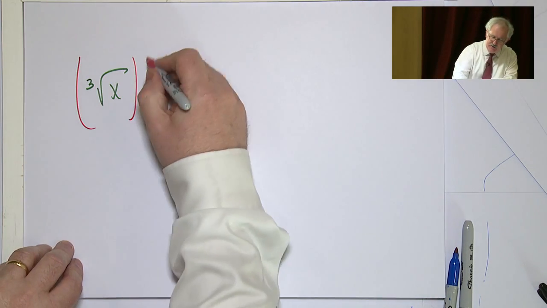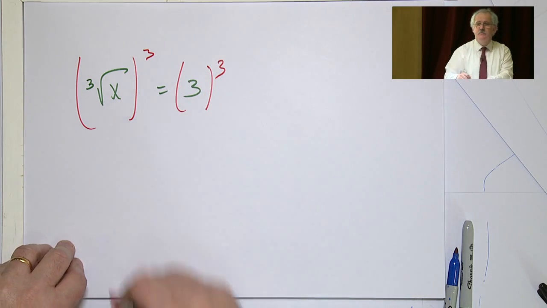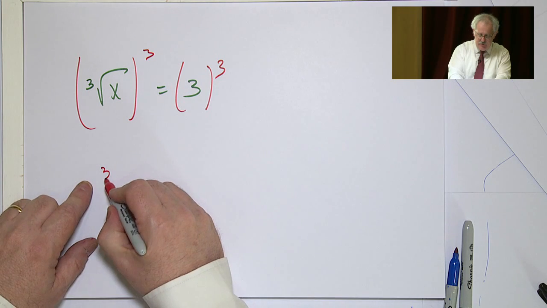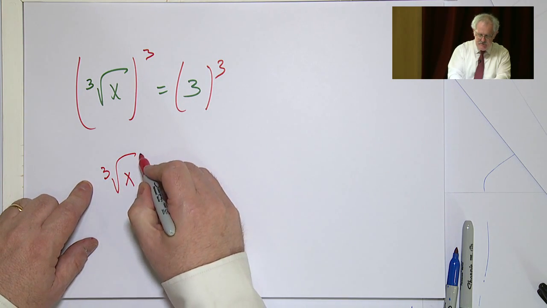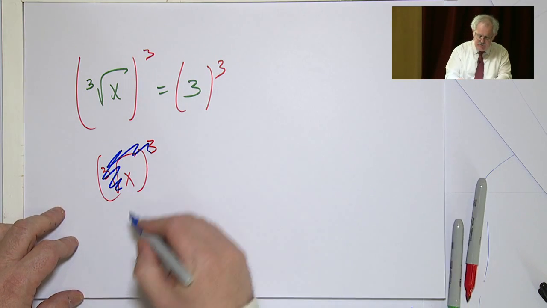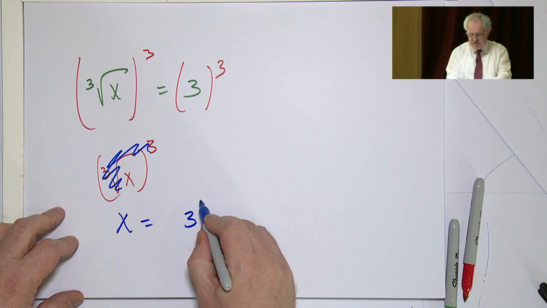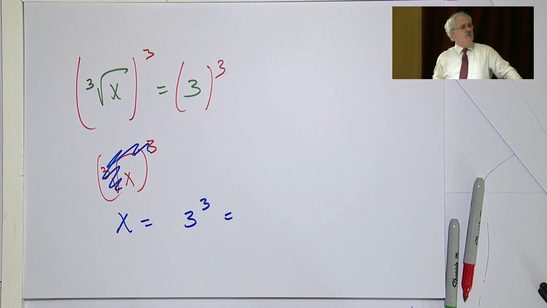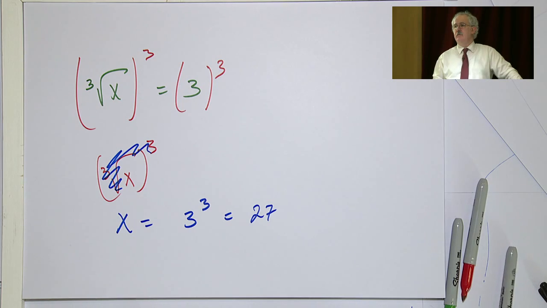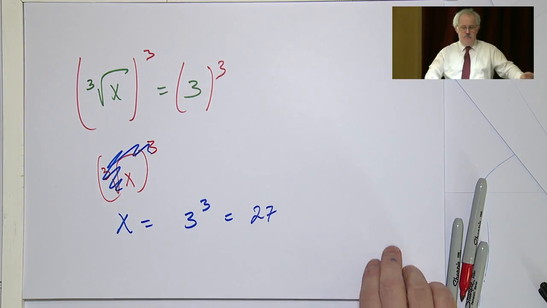So if I cube this, I can cube this. And if I cube it, what happens? The cubic root of x cubed means all this stuff gets out of my way, and I just get x is 3 cubed. And 3 cubed is 27. Is that okay? You see the patterns there?